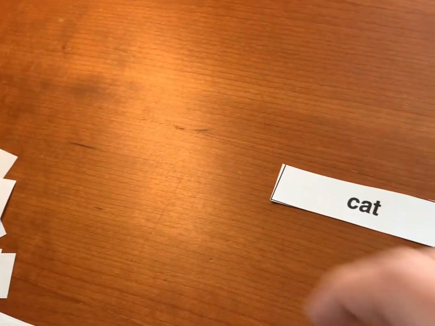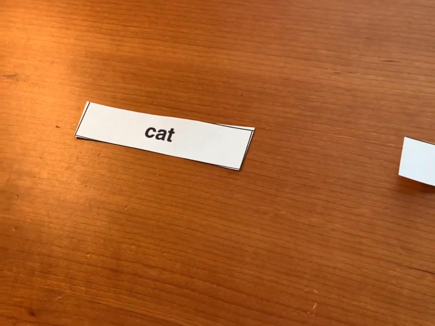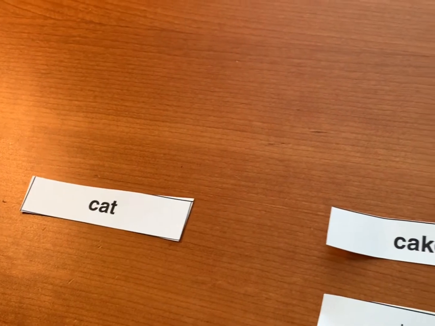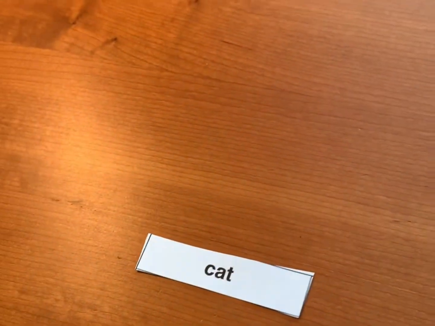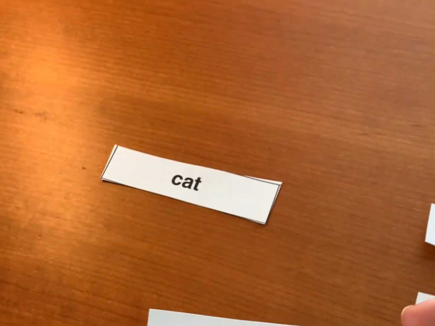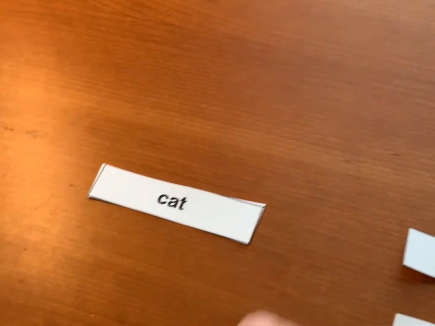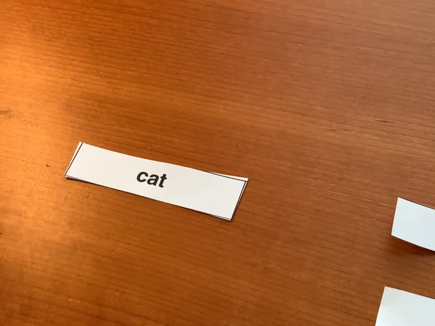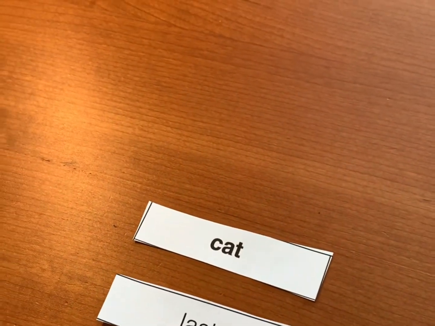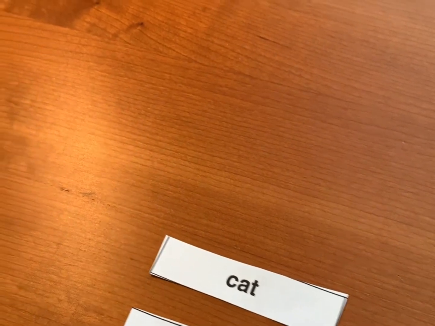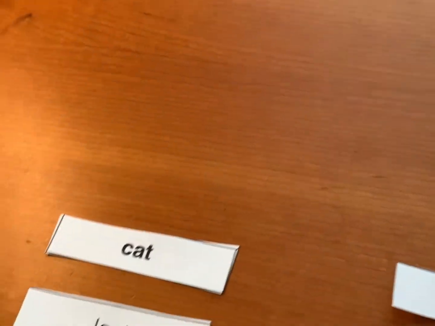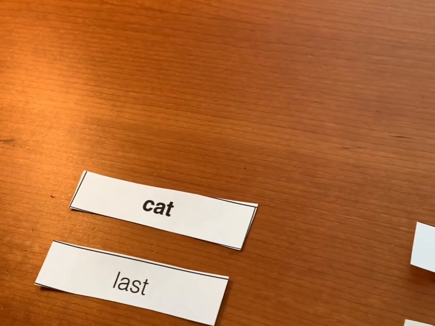So let me take one from the pile. I have lake. Lake sounds like cake, long A. My next one is last. Last sounds like cat, short A. Next, I have fail.